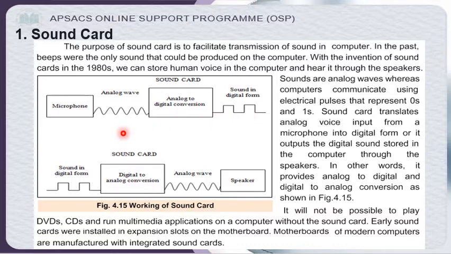The sound coming out from a speaker is in analog form, but the sound stored inside your computer is in digital form. So the sound card converts that digital signal to analog form, and that analog wave is sent to the speaker, and the speaker produces the sound.